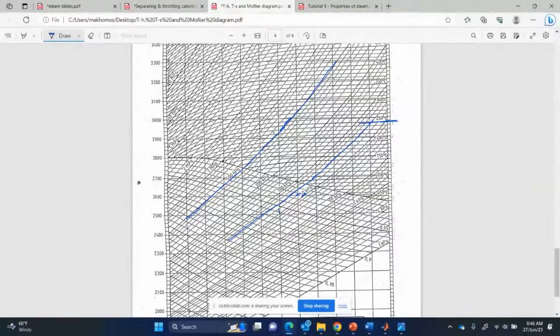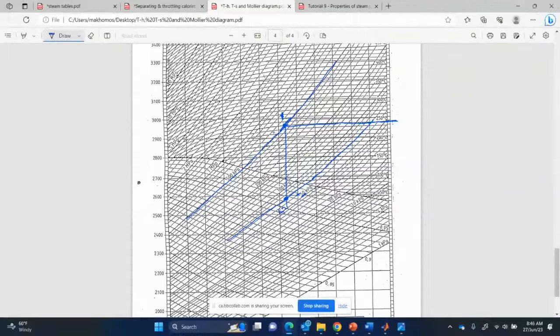When that line intersects your pressure 1, this is your point number 1. This is where we are. Now this steam expands isentropically, or at constant entropy. Constant entropy means that you have a vertical line. From that point, take a ruler. So this is where we are.